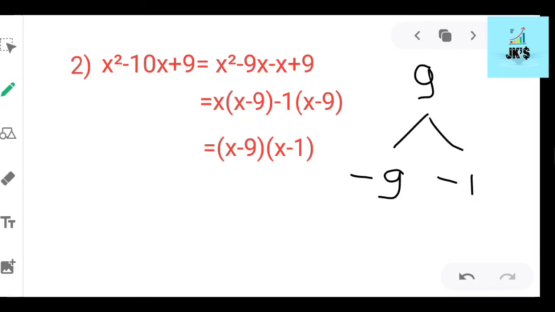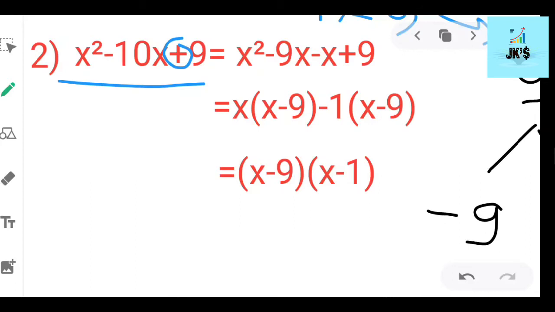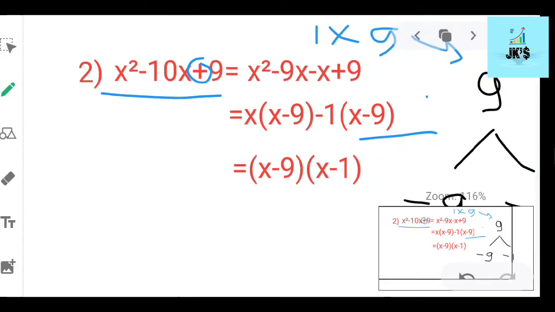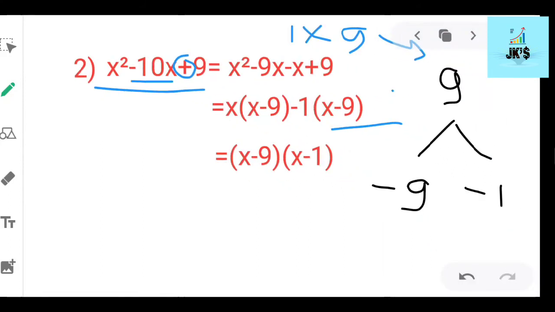The second example is x square minus 10x plus 9. The coefficient of x square is 1 and the constant term is 9, means 1 into 9, that is 9. So we factorize 9 such that the sign of the constant term is plus, so the addition of those factors is minus 10.